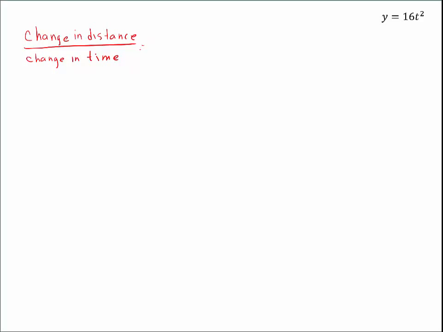And we can shortcut write that as the change in y, because we said y gives us our distance, over the change in t. Remember we said those little delta symbols mean the change, so the change in y over the change in t.